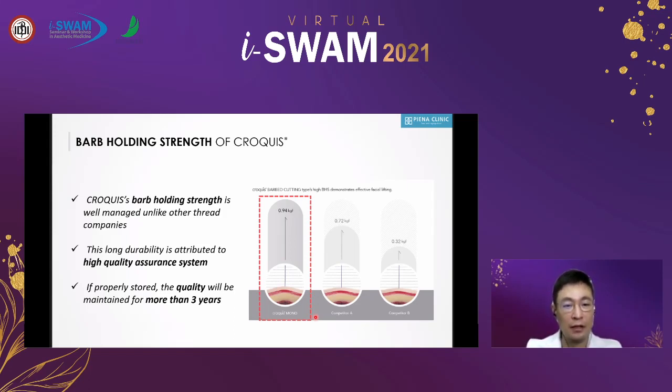However, why I really trust Croquis products is because of its durability. It has really different, outstanding durability. If you use this product after keeping it for more than 1 year, for example, you will see the same durability as the first time you purchased it.